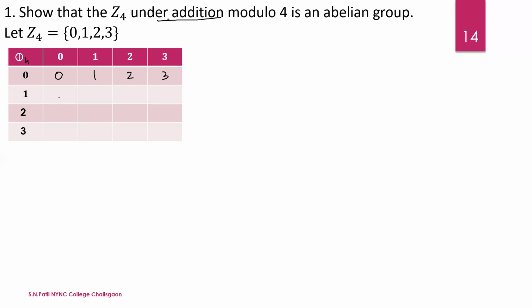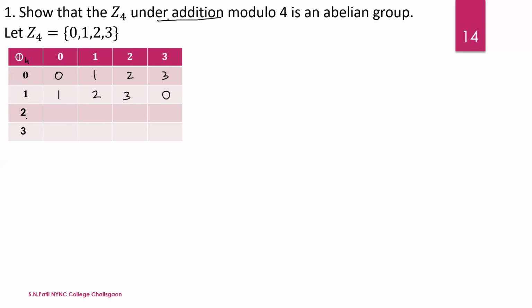Okay, now 1 plus 0, 1 plus 1, 1 plus 2, and 1 plus 3, 4 divided by the 4, the remainder is 0.